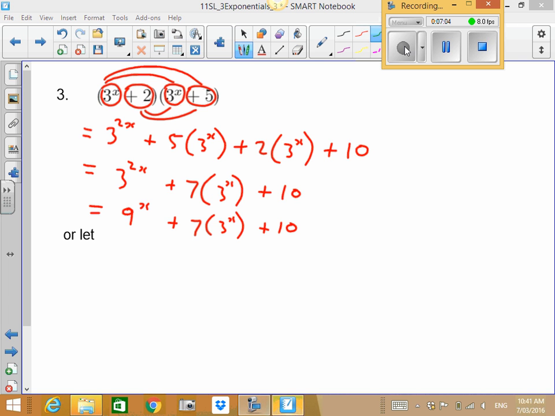There's another way we could have done this. We could let some pronumeral like m equal 3 to the x. What we would have then is m plus 2 times m plus 5.